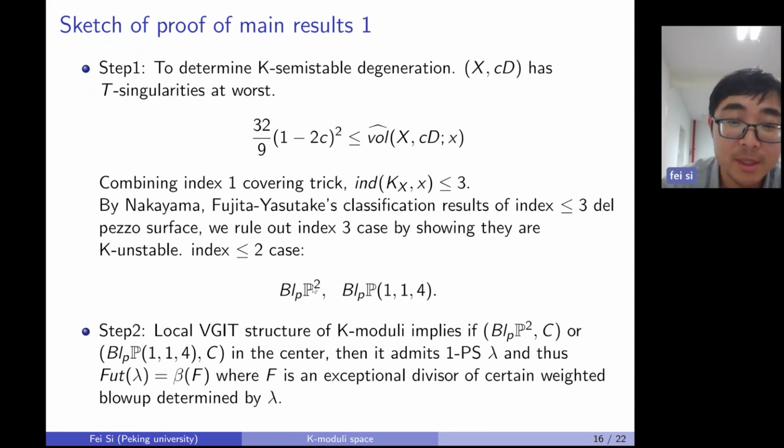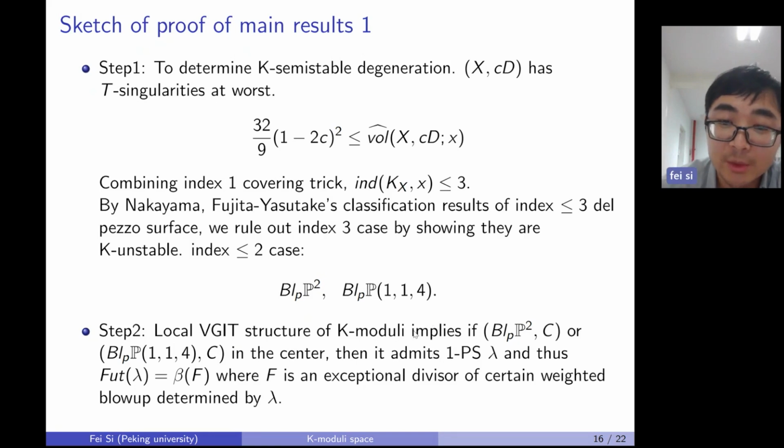Then if you want to determine the walls, we need to use the local VGIT structure of K-moduli space. The local VGIT structure says that if a pair is in the center of the wall crossing, it must have an action of a one-dimensional torus.